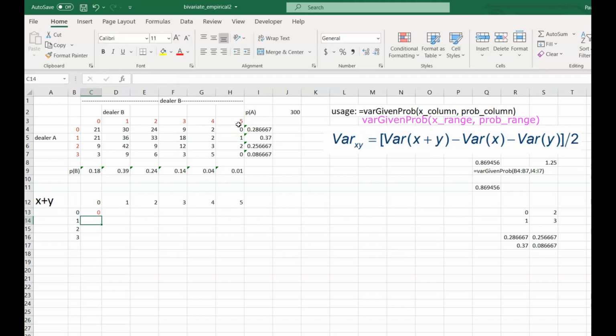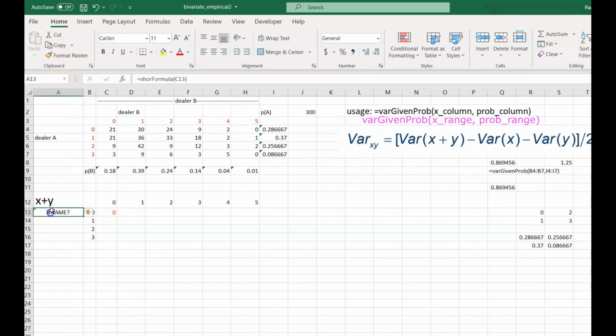Again, it is not F4. We only lock B. I'm going to use show formula here. Show formula of this formula. Okay, I make it bigger.